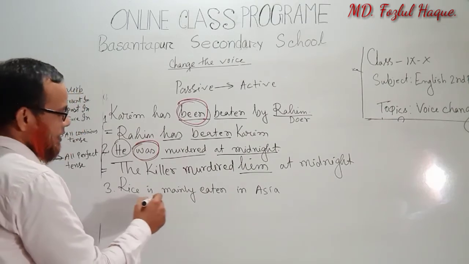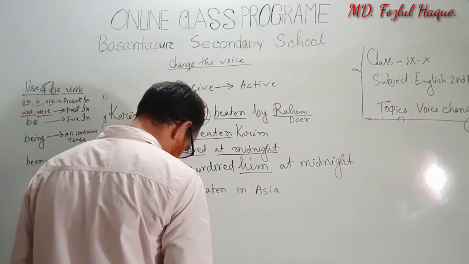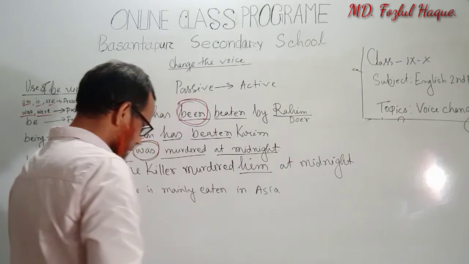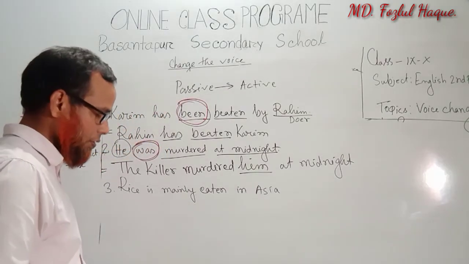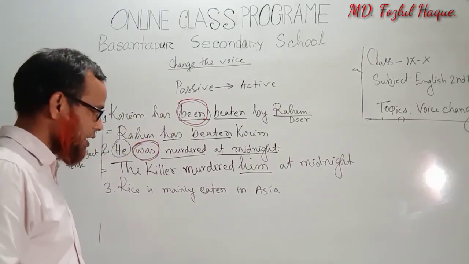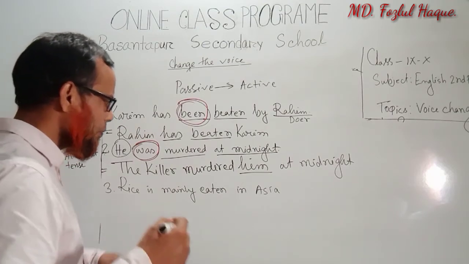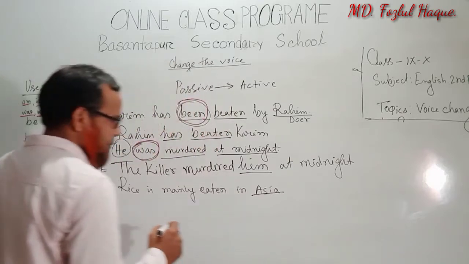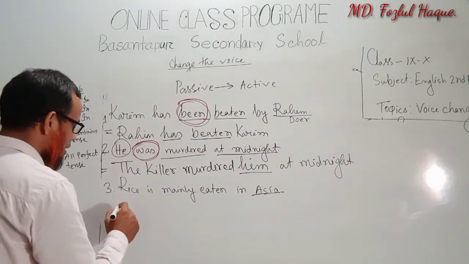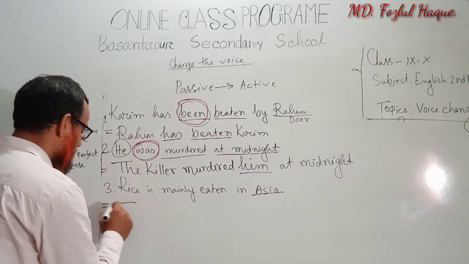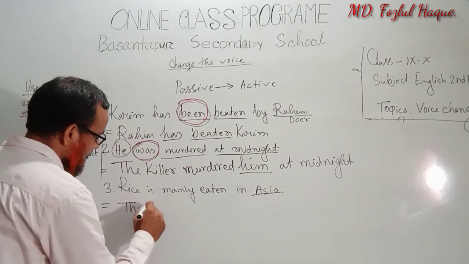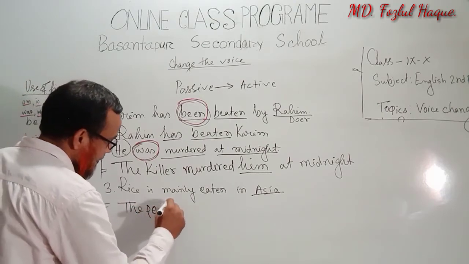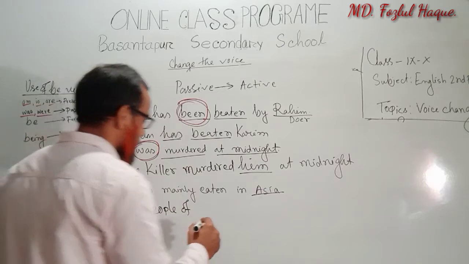Another example: rice is mainly eaten in Asia. Who eats rice? Here it is not specifically said, but in Asia, Asian people. So the people of Asia.